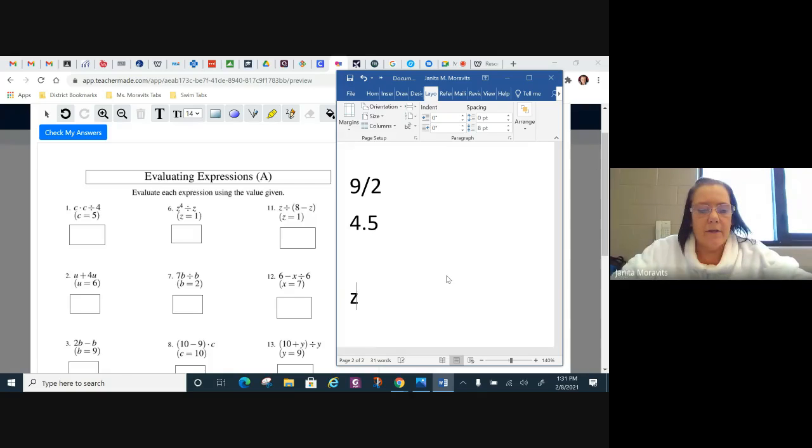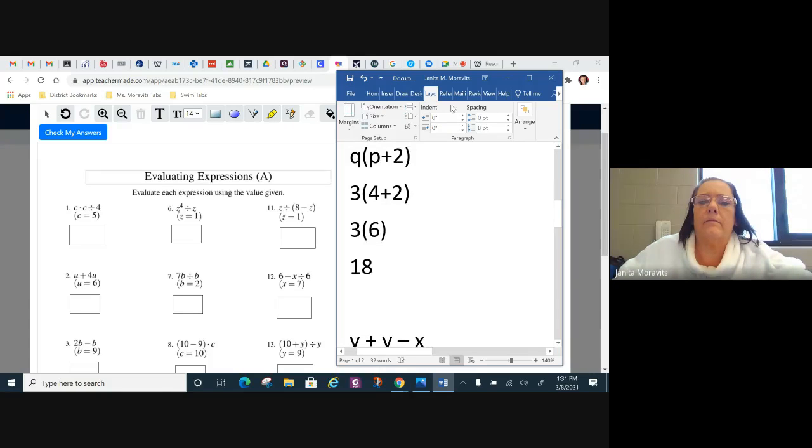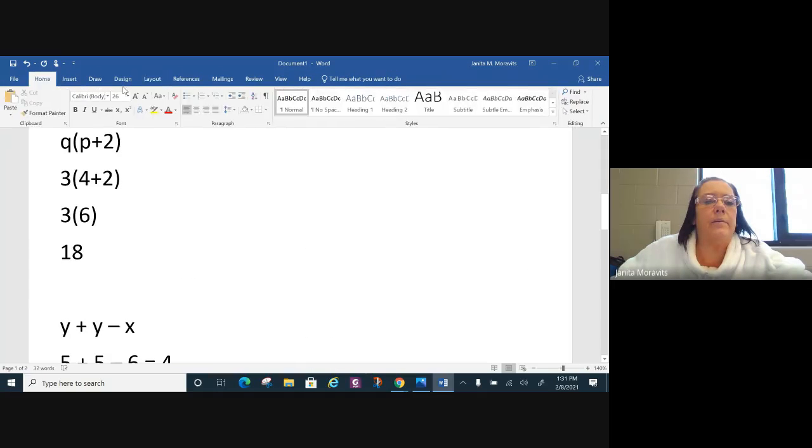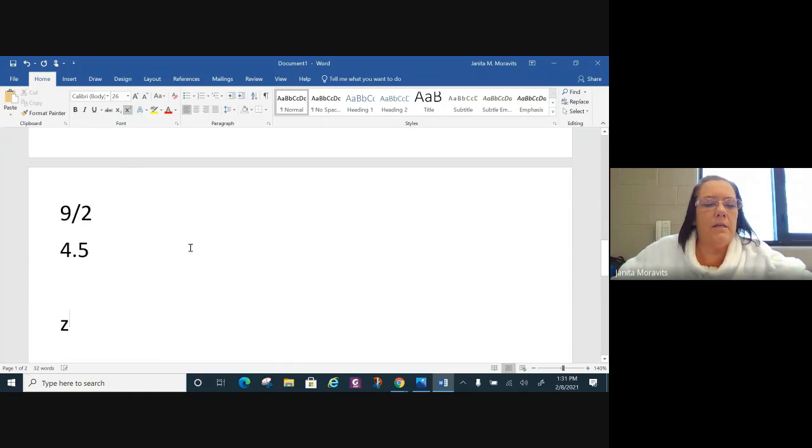Z to the 4th power means that's the same thing as z. I need to take the exponent off. There we go.